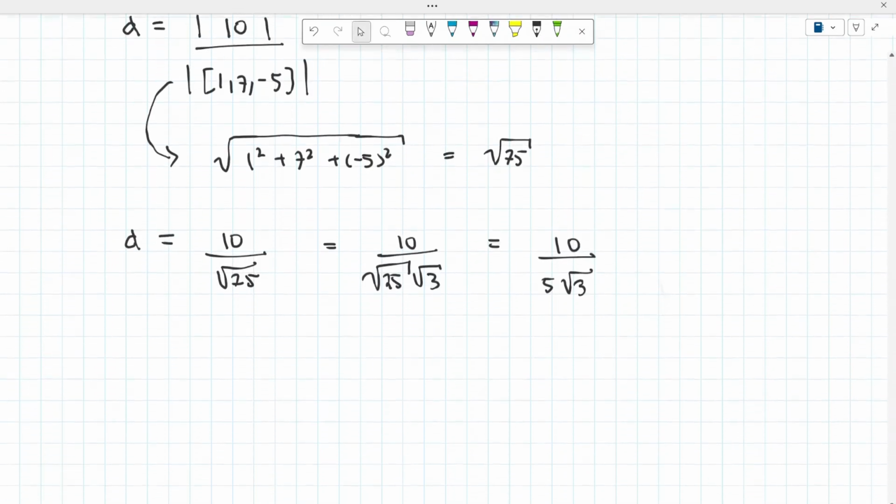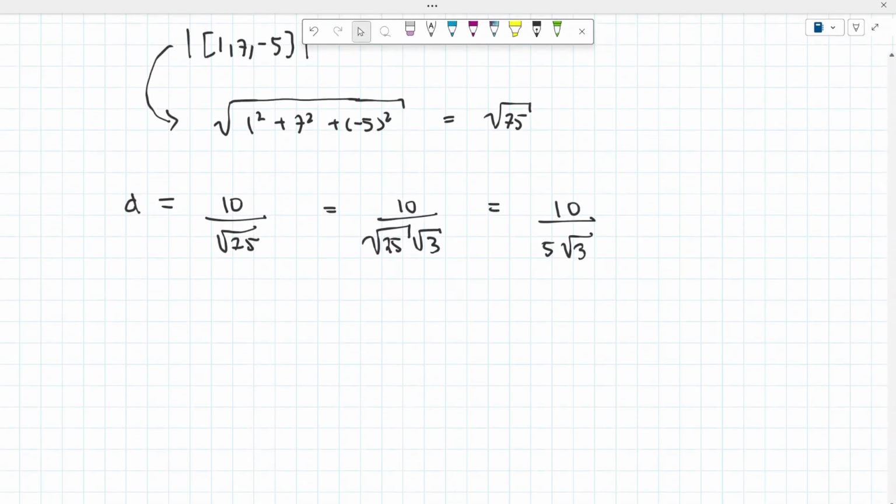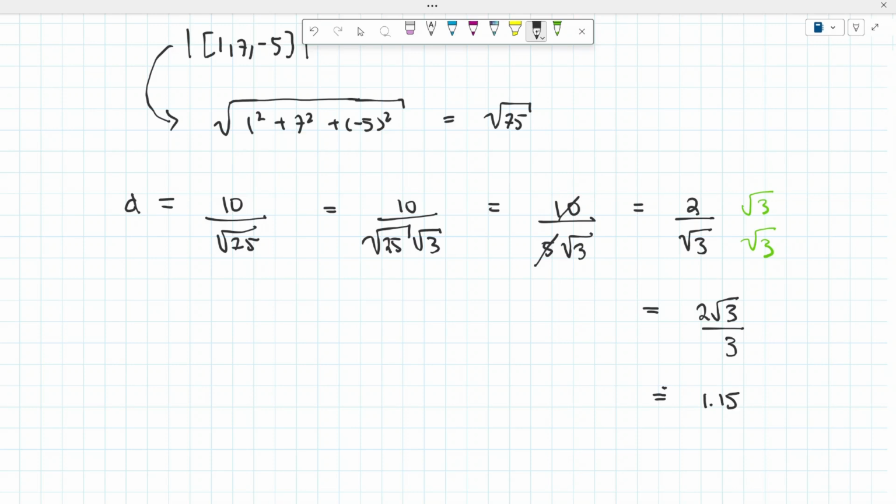So we can multiply root 3 by the top and bottom. But before we do that, we can simplify this. So we have 2 over root 3. And then if we choose to rationalize this, we can multiply root 3 by the top and the bottom. And as a result, we will get 2 root 3 over 3, which is approximately 1.15.